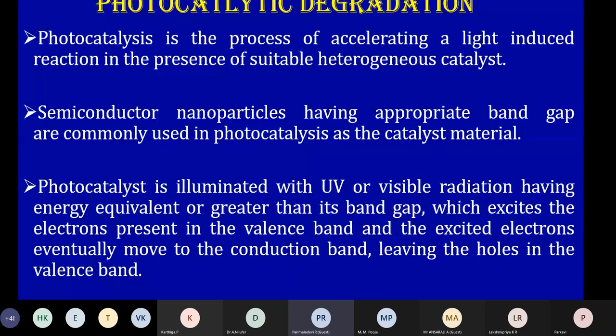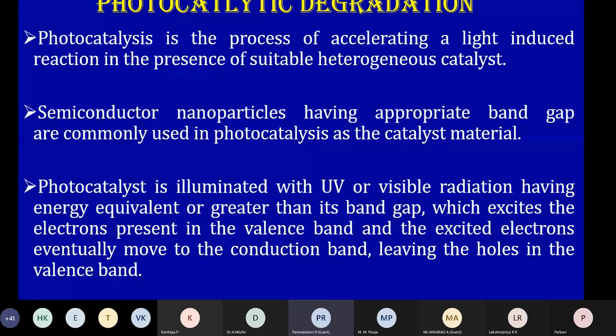When a photon with energy equal to or greater than the material's band gap is absorbed by the semiconductor, an electron is excited from the valence band to the conduction band. So it generates a photogenerated electron hole pair, which we call an exciton.